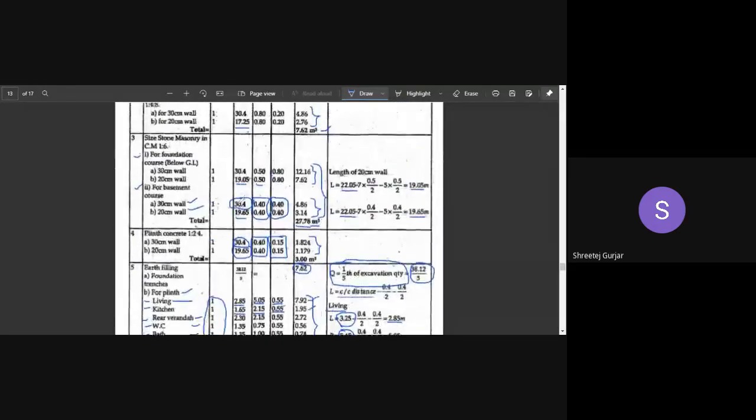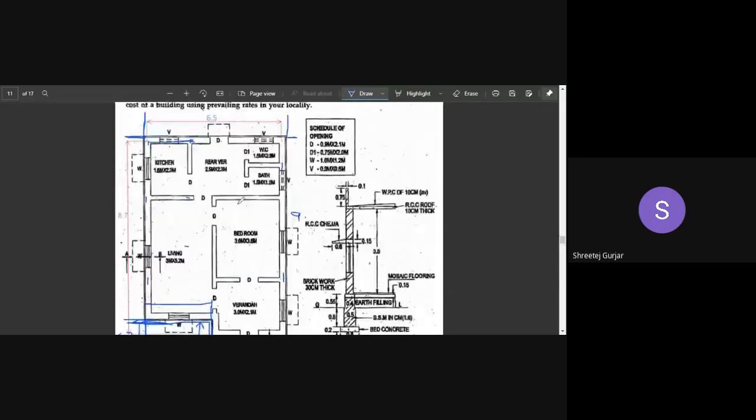Next for RCC chhajja. Now this is a tricky one. RCC chhajja is a bit tricky to understand, so let me explain how you have to do it. First we have to calculate RCC chhajja over doors. So how many doors? And where is RCC chhajja provided? RCC chhajja is provided only for external doors.